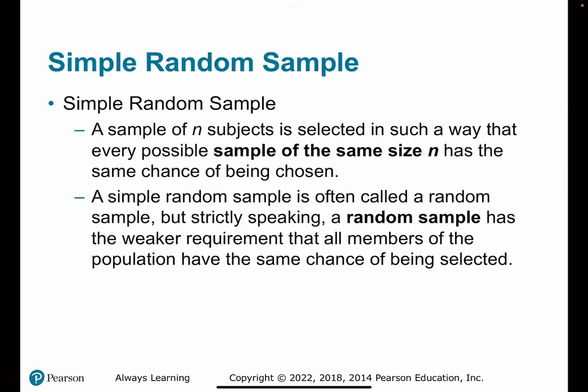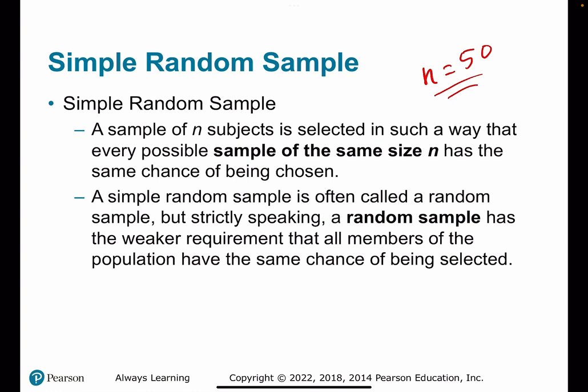Okay, so let's talk about what a simple random sample is, because it is absolutely critical that in a study a simple random sample is used. So a sample is random if the following is true. Let's say we're talking about a sample of size 50. So we want to put together a sample of size 50 from our population.